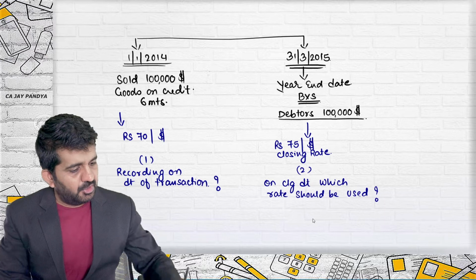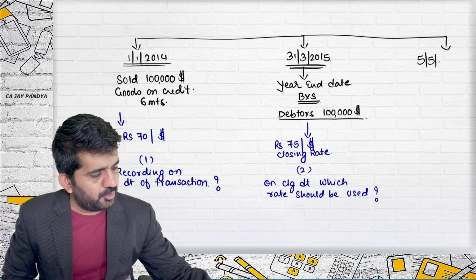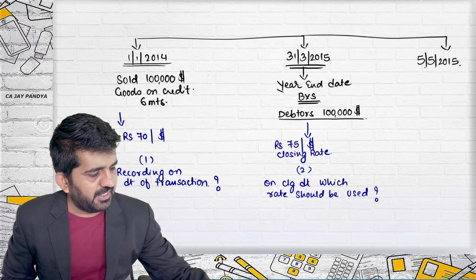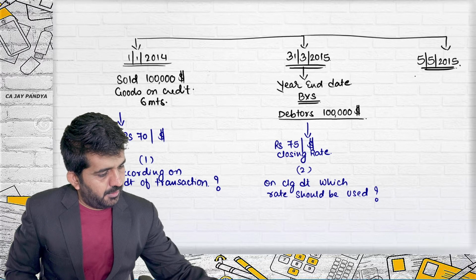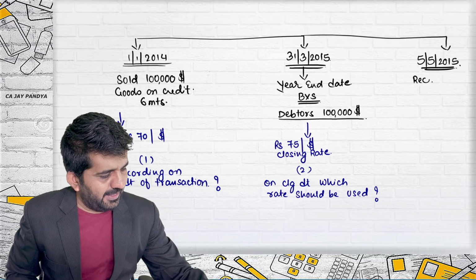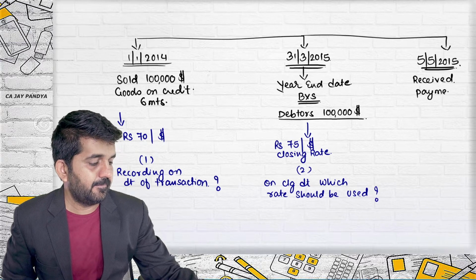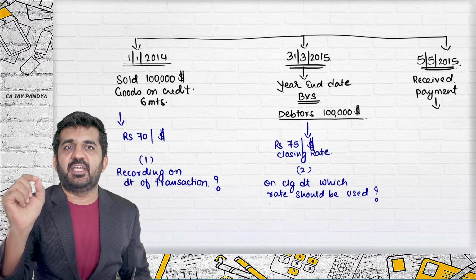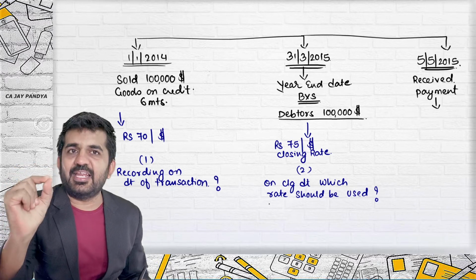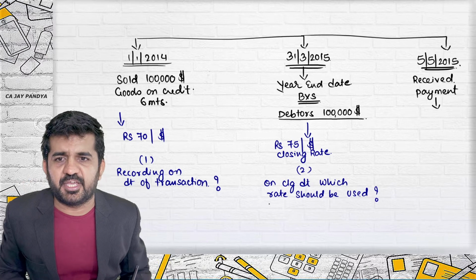Third, on 5/5/2050, we have received the payment. Can any student tell me how much money I will receive? 70 lakhs rupees or 75 lakhs rupees? Any student can give me an answer.